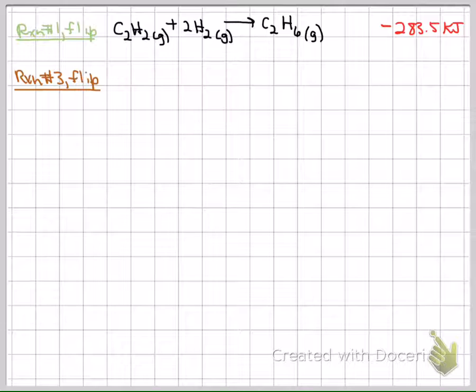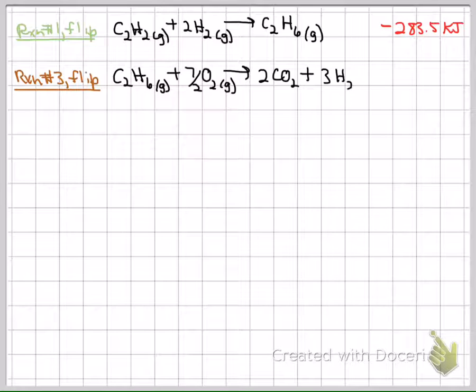I went to reaction 3, and I've decided that I'm going to flip it around. And I'm partly doing this because I need to get CO2 and water vapor as products. So this is what it looks like when I flip reaction 3 around.